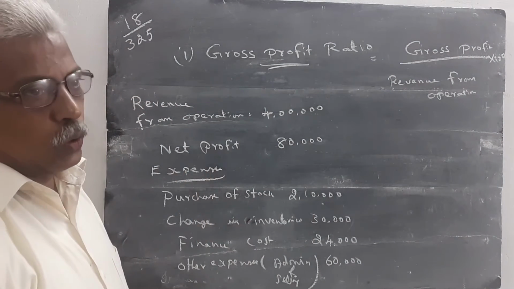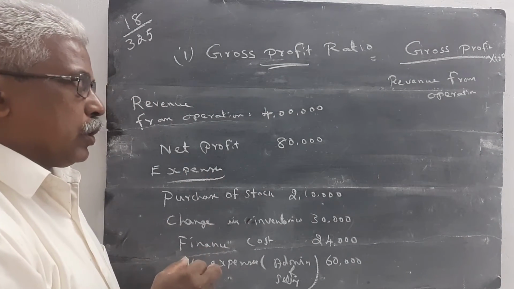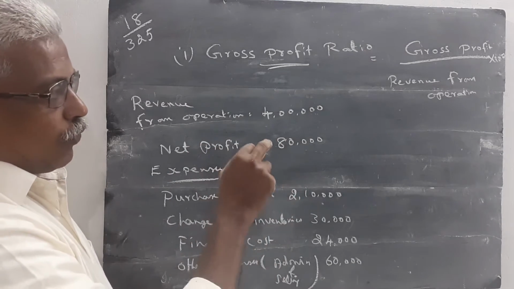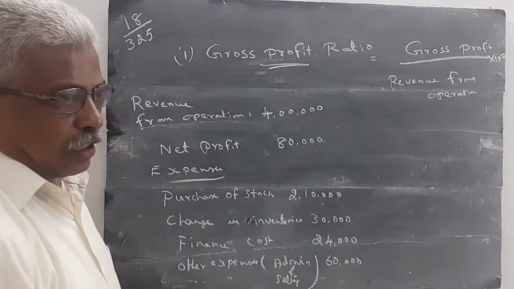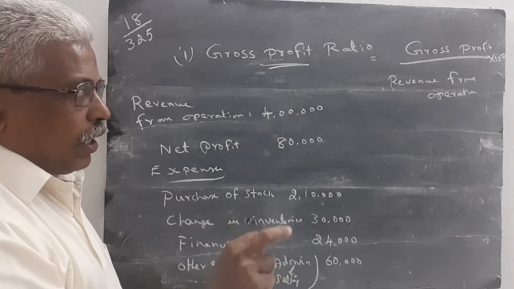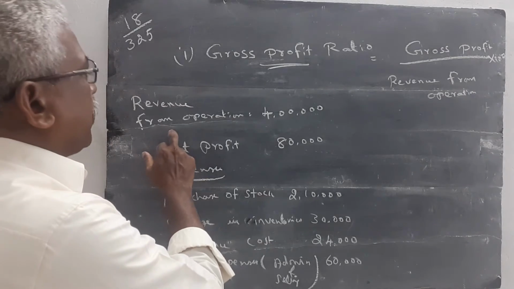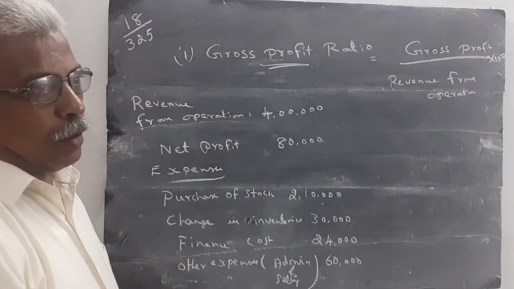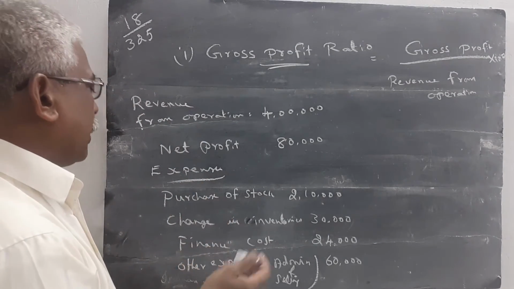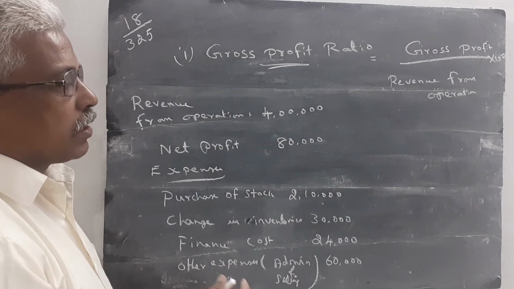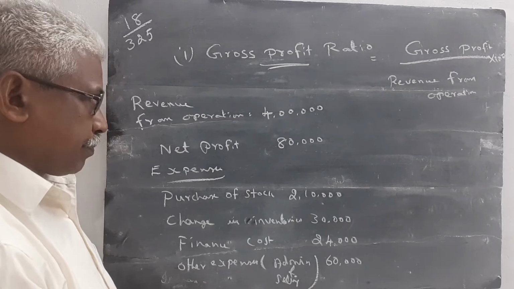Revenue from operation is given in the question, but the gross profit is not given. So, we have to calculate the gross profit.